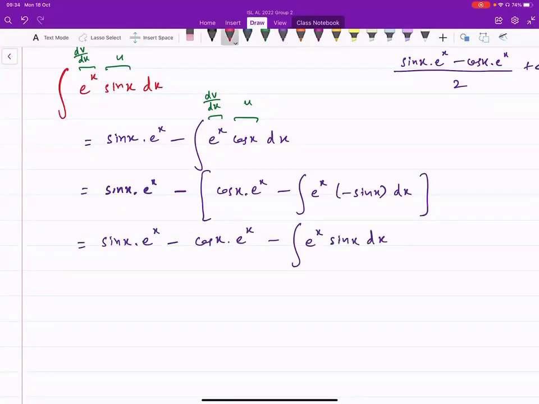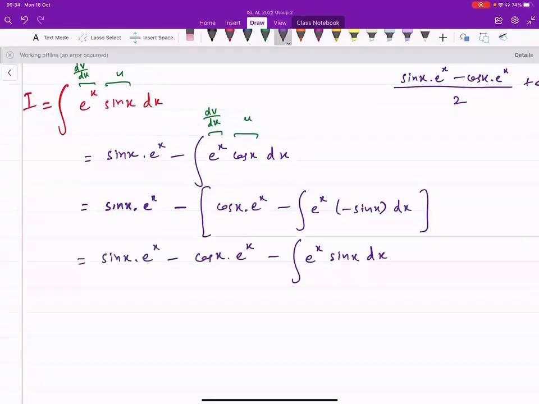Now what will we do? Let's say this is I. So I equals this.